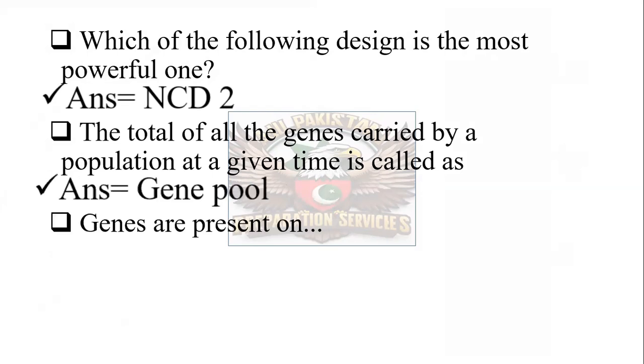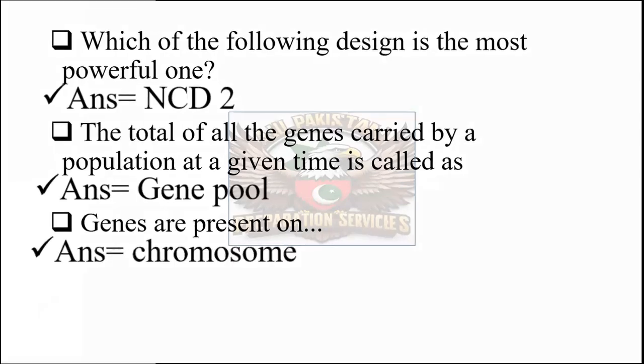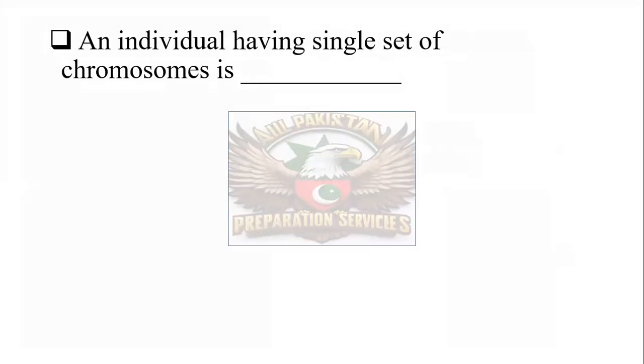Genes are present on chromosomes. As you all know, genes are always present on the chromosomes. Our next question is that an individual having a single set of chromosomes is called a haploid individual.